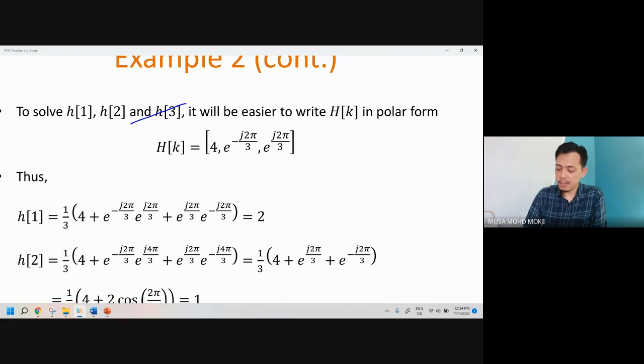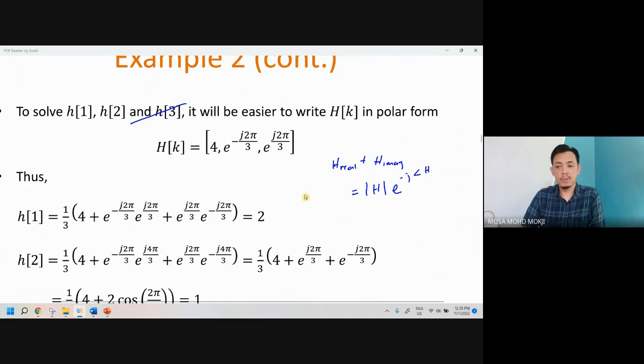If you have, let's say, h real plus j h imaginary, this is actually equal to the magnitude of h times e to the power of j times the phase of h. Magnitude and phase.